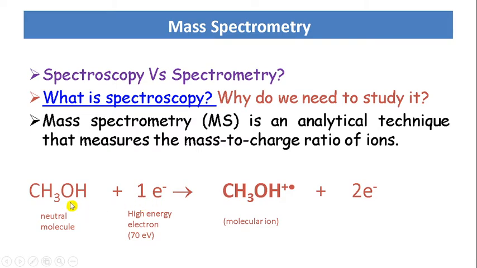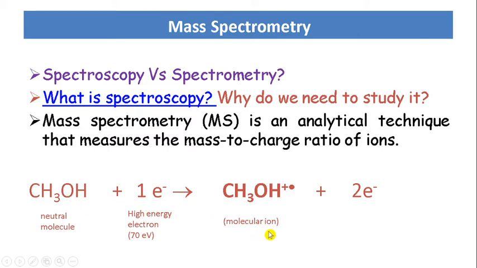When it ejects one electron, this molecule will carry a cation and a radical, one positive charge and one radical. So it is called a molecular ion or cation radical. And of these two electrons, one is the bombarded electron having 70 electron volt energy and one is ejected from this molecule.